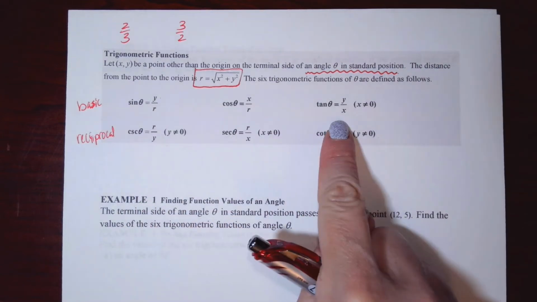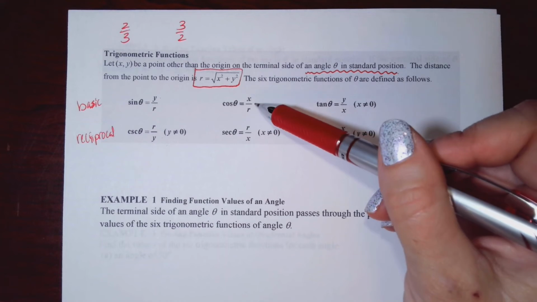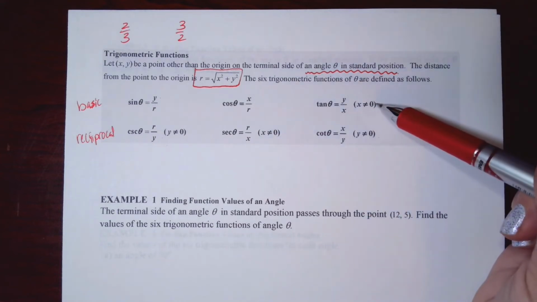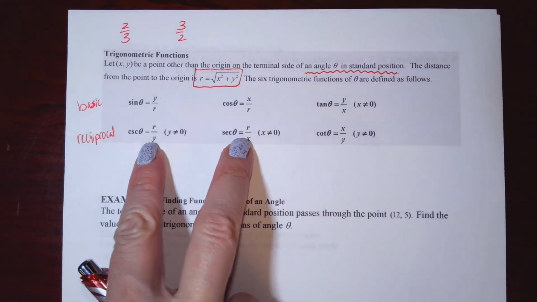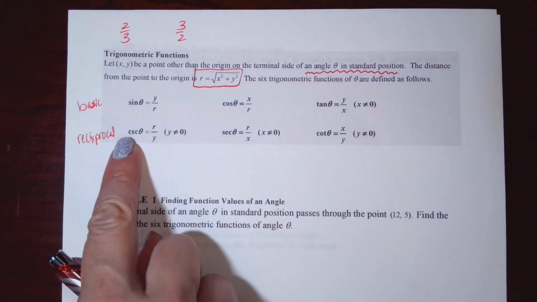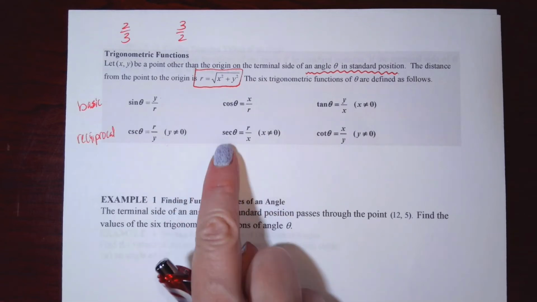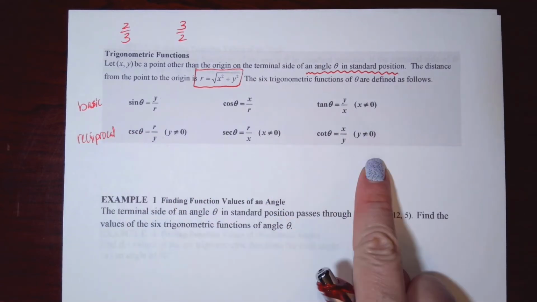R is never going to be 0, so we don't have to worry about r in the denominator. The reciprocal of cosine is secant. The reciprocal of tangent is cotangent. I remember these by saying S pairs with C. Sine pairs with cosecant. Cosine pairs with secant. So these are the 3 basic trig functions, and these are their 3 reciprocal functions.